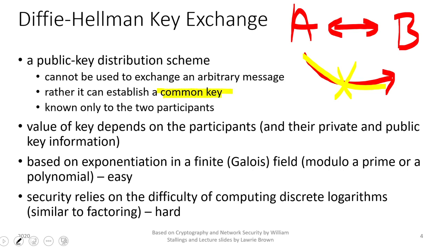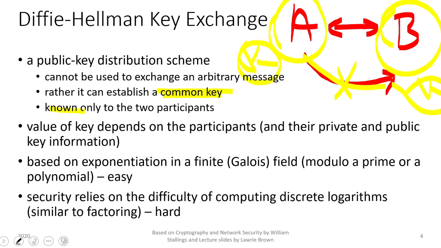That is, both parties are able to calculate, using some mathematics, the same key. So both of them have the same key at the end, so they can use that for their secure communication. That commonly calculated key will only be known by the two participants. That is the main idea behind Diffie-Hellman.